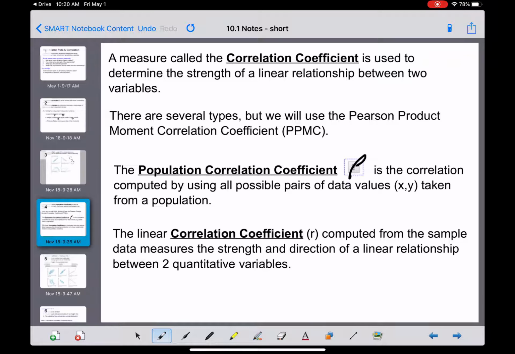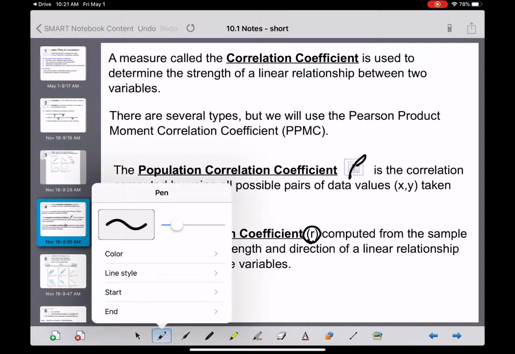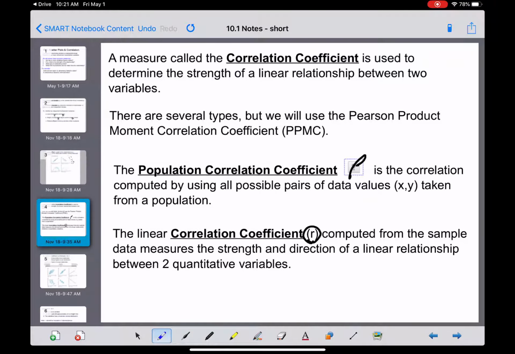It's the correlation if you had all the possible pairs taken from a population. But again, what we use to estimate that, our sample, is r. So if you took Algebra 2, you talked about r values, and that is going to give us the strength of a linear relationship.